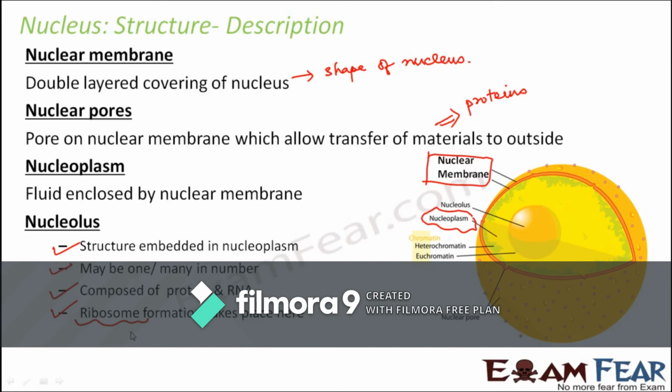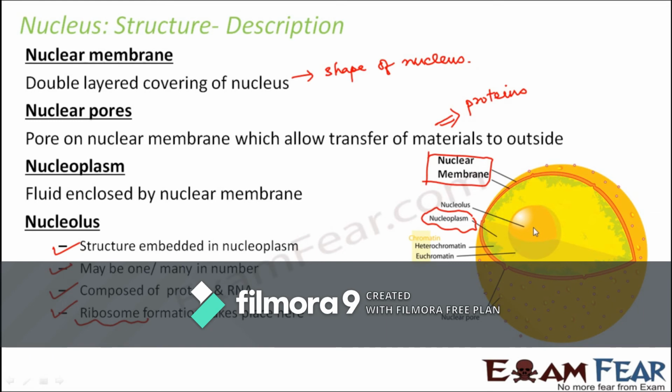These proteins need to be synthesized or manufactured somewhere. So they are manufactured inside each and every cell. Where exactly inside a cell? In the ribosomes. These ribosomes, where protein synthesis happens, their formation takes place here in the nucleolus. So just imagine how important nucleus is.